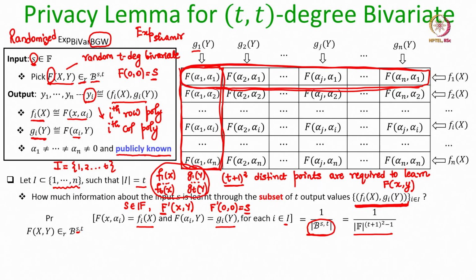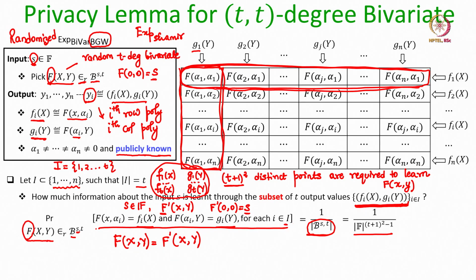Okay. Now, we are trying to calculate the probability over all possible bivariate polynomials of degree t with s being the constant term, right. So, this condition will be satisfied only when the randomly chosen bivariate polynomial f of x y is the same as that unique bivariate polynomial f prime of x y.